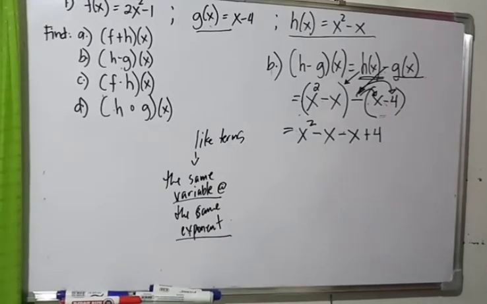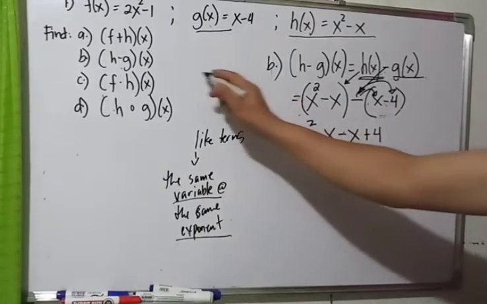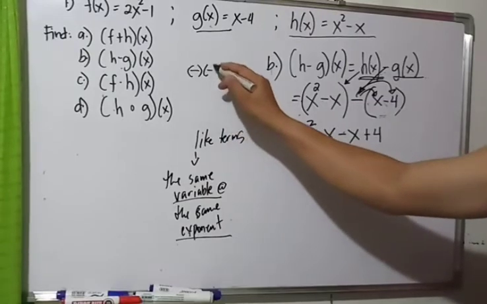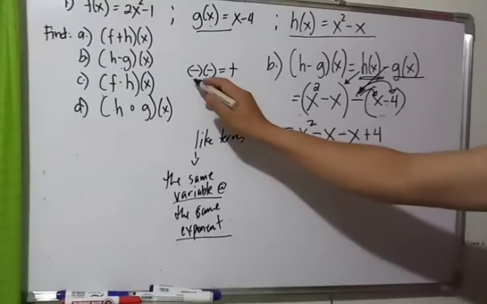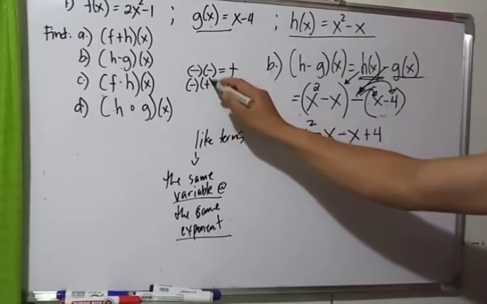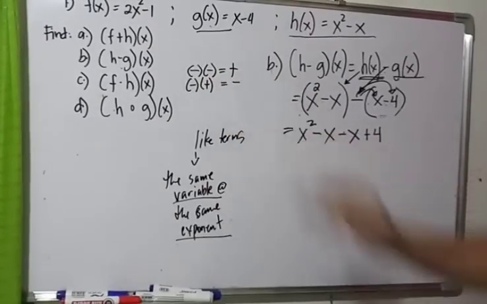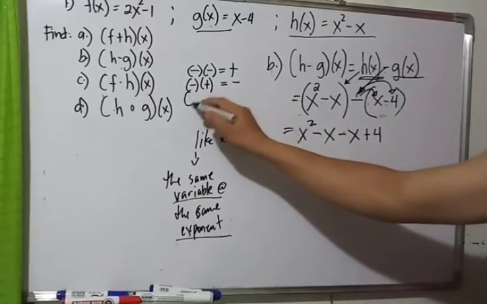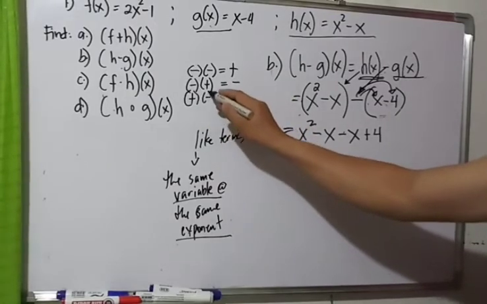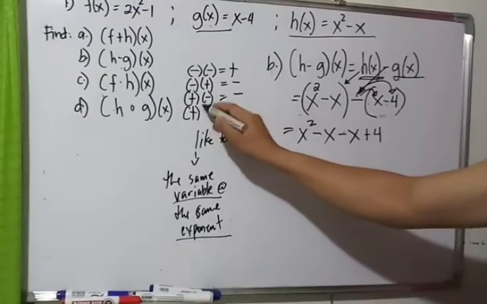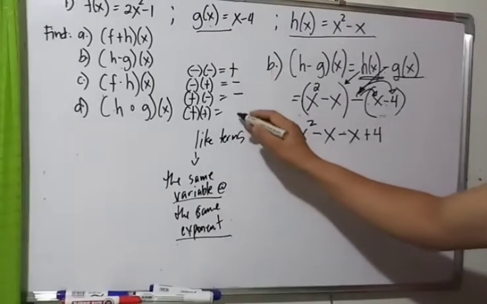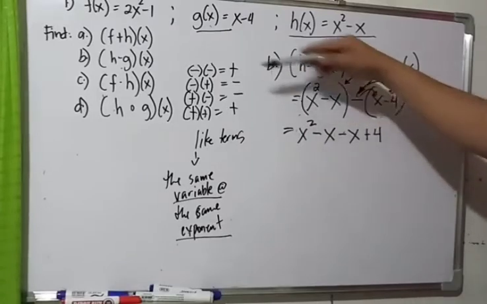Tandaan yung operations ng sign natin. Pag negative times negative, the result is positive. Negative times positive equals negative. Then, positive times negative equals negative. And last one, positive times positive equals positive. Ito yung operation signs natin.